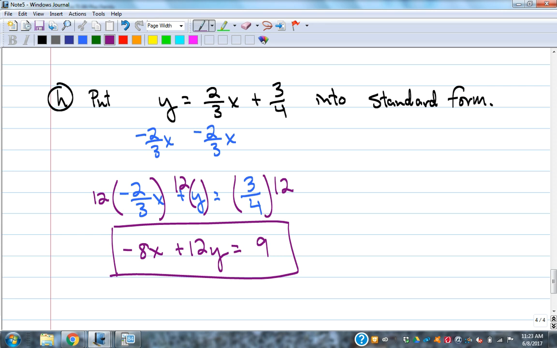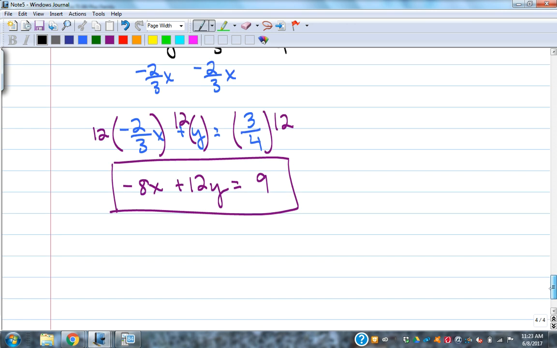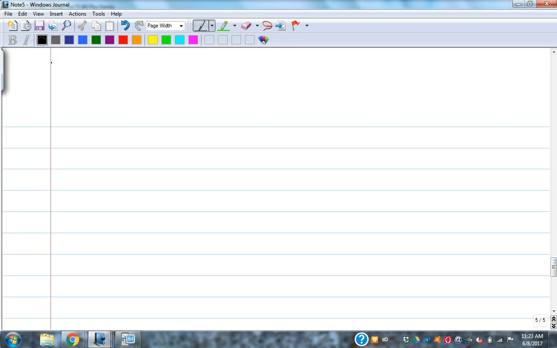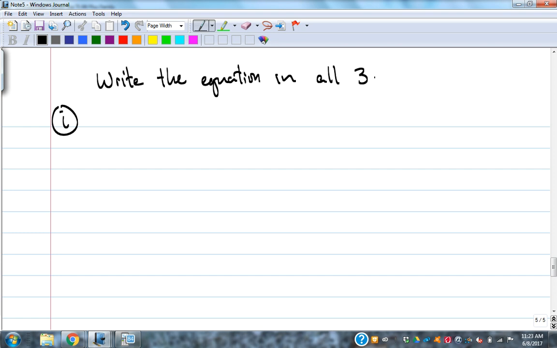All right, let's look at doing the whole thing. We want to write the equation in all three forms that goes through 1, 1, and 2, 4.